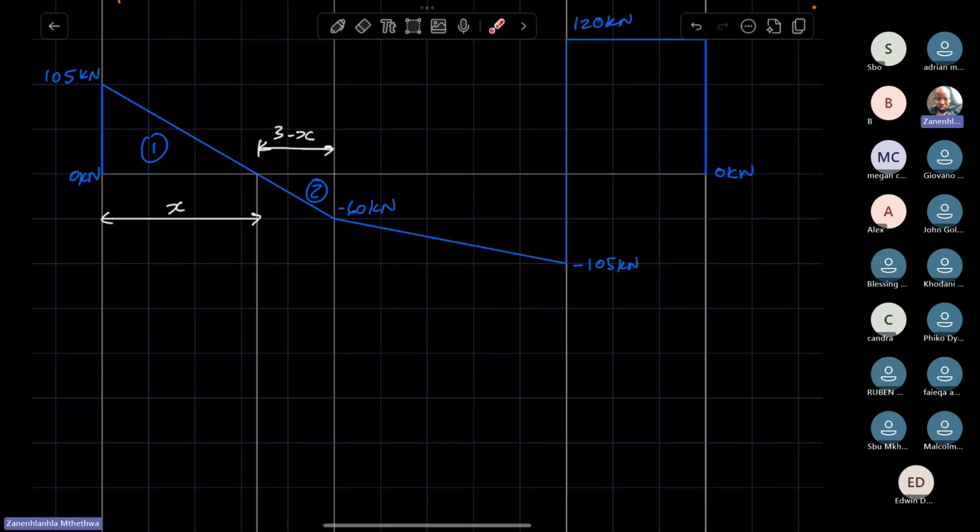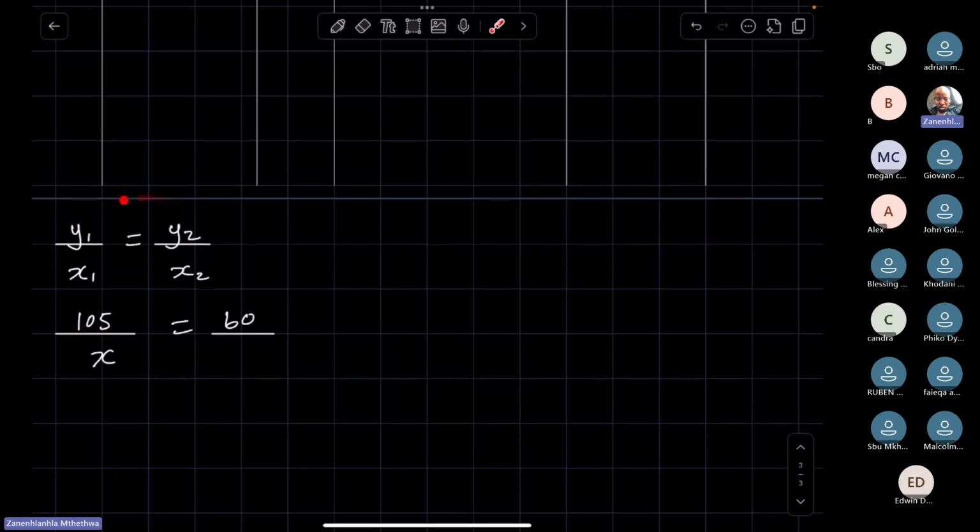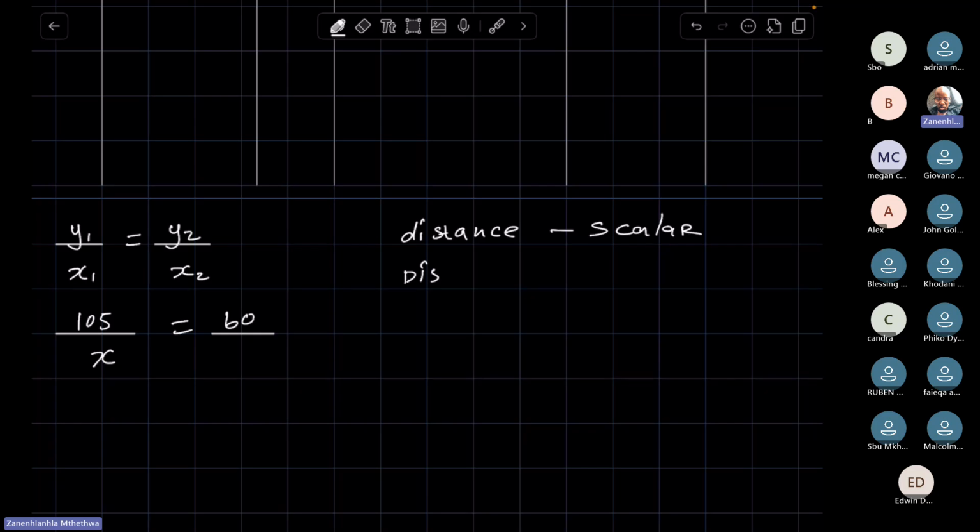Do you consider the sign? Like I said, in calculating the x, we take everything as distances. Remember that a distance is a scalar, not a vector, meaning we don't consider direction. It is only with displacement, seeing that a displacement is a vector quantity, that we consider direction as well.